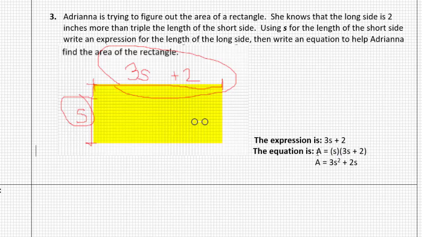You could say the area is equal to the short side times the long side, so use parentheses for those two things. Or if we use our work from the distributive property, I can multiply s times each thing here and come up with the equation A equals 3s squared plus 2s.